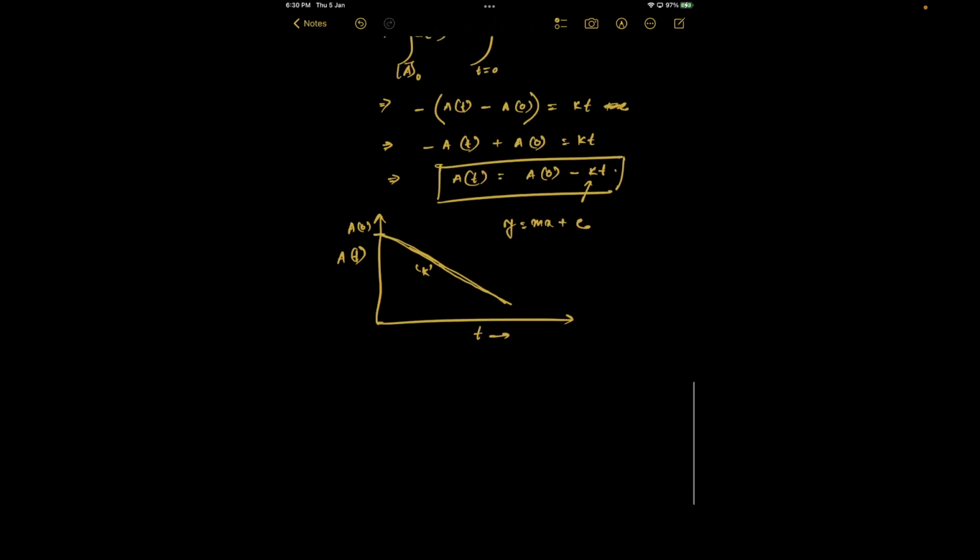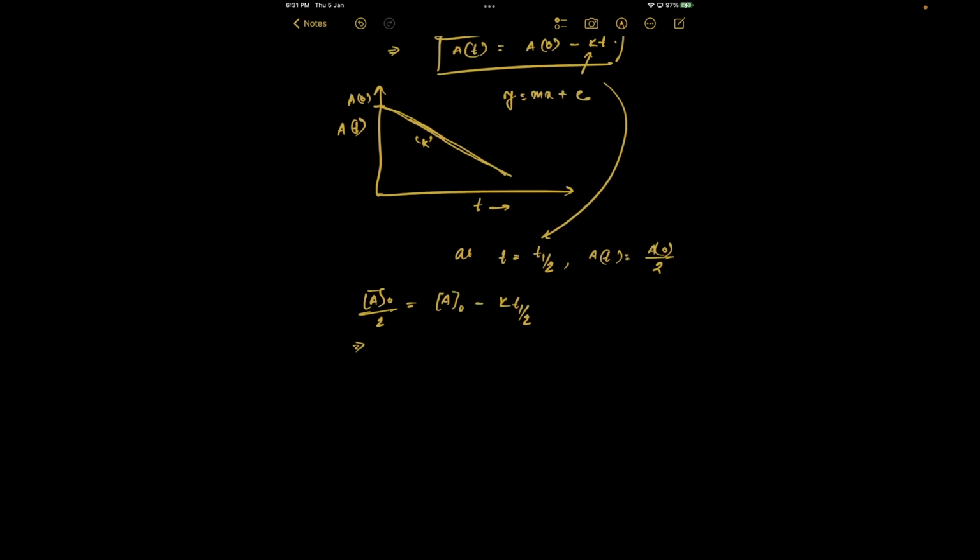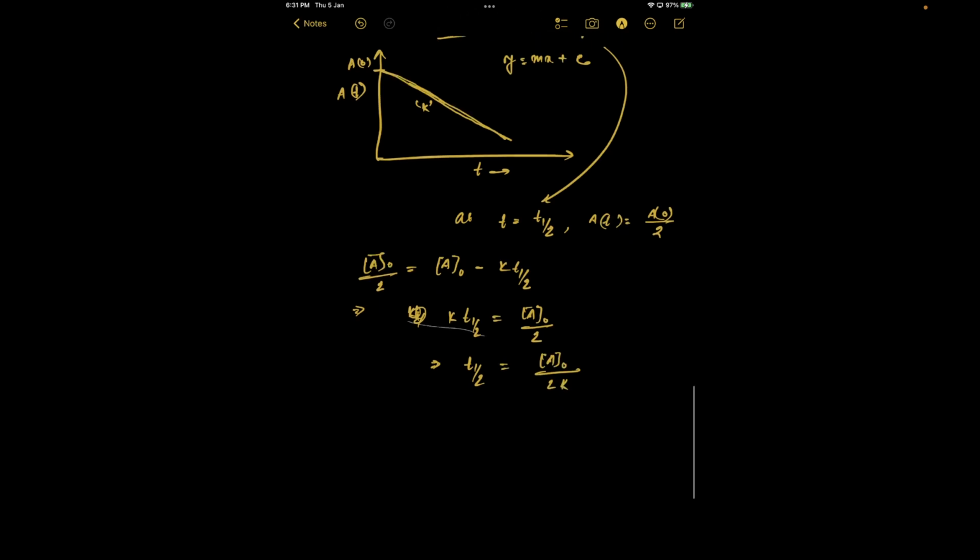And you can also compute from this expression. At t equal to t half, At will be equal to A0 divided by 2, right? So you can just put in the At value: A0 divided by 2 will be equal to A0 minus k t half. So k t half will be A0 divided by 2, so t half will be equal to A0 by 2k.